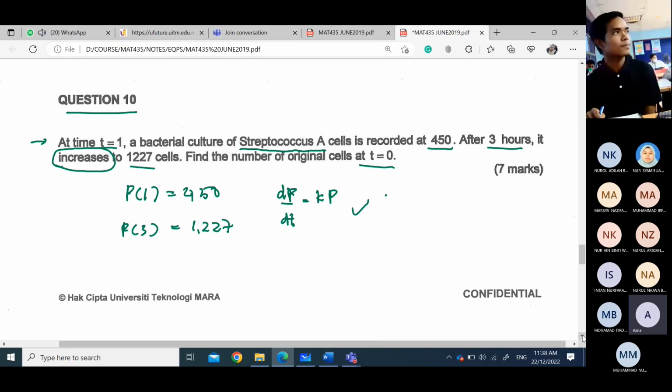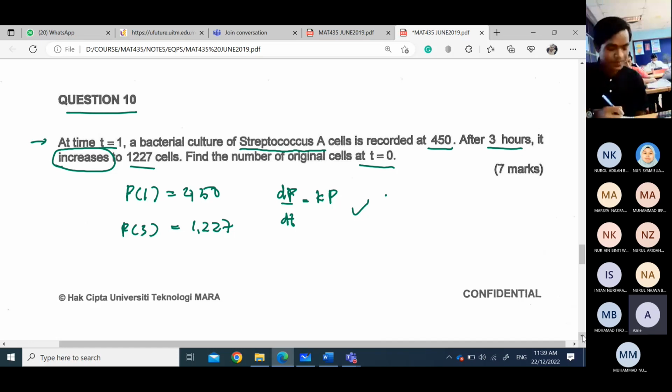So we separate for P and t. Separable equation ni: dP over P = k dt. Take integration both sides. Then we have ln P = kt + C. Okay, so we take as for the left-hand side because we want to find P of t.